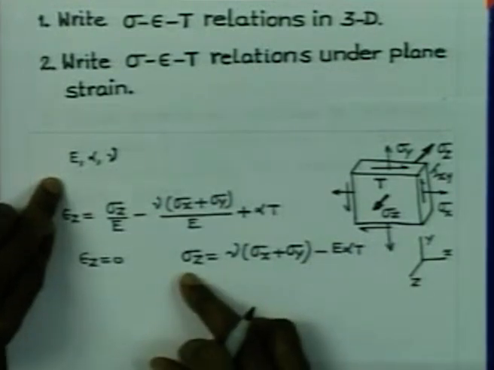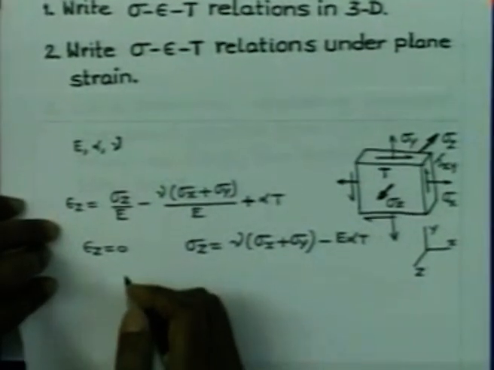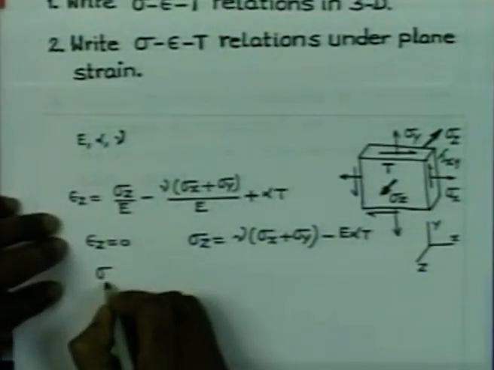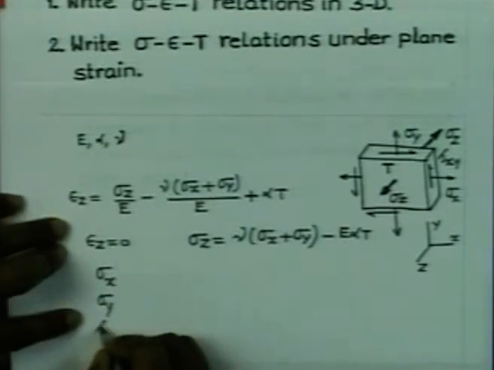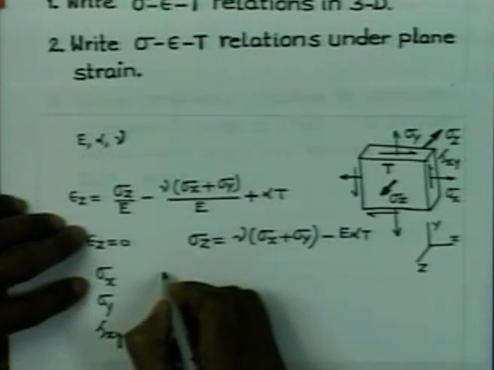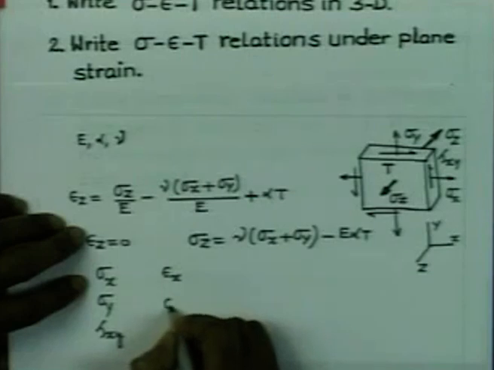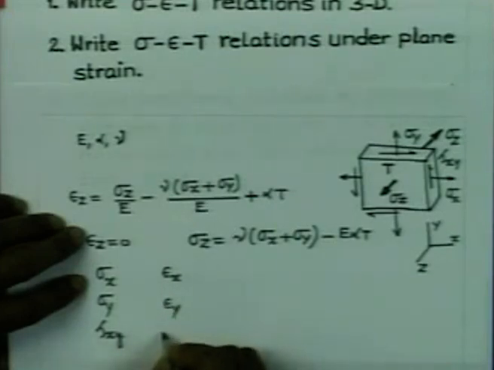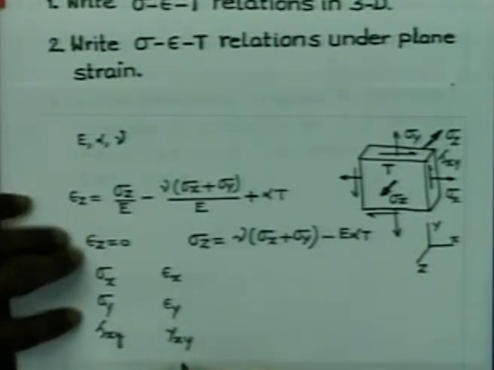Thereby, you get a relationship involving sigma x, sigma y and tau xy on one hand, and on the other side epsilon x, epsilon y and gamma xy plus the temperature.